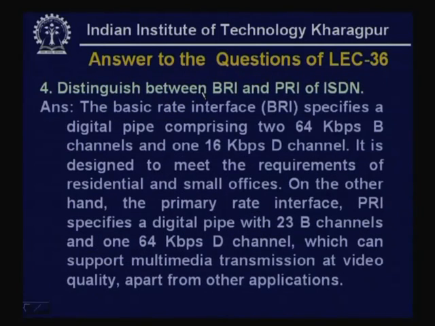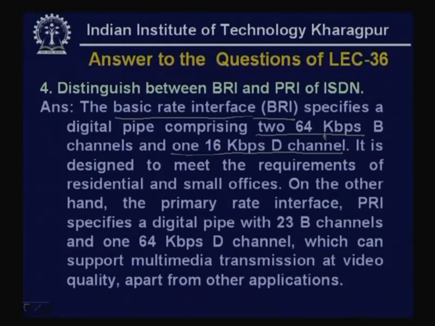Fourth question was, distinguish between BRI and PRI of ISDN. We have seen that ISDN uses two important interfaces. One is known as the basic rate interface, BRI, that specifies a digital pipe comprising two 64 kilobits per second B channels and one 16 kilobits per second D channel.